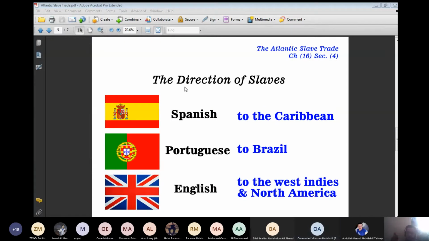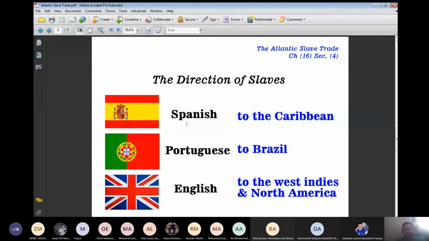So we can say that the Caribbean islands, because logically, Christopher Columbus first of all landed over there in the Caribbean islands, Hispaniola and Cuba. So Caribbean islands and not Panama. Peru, exactly, and Mexico. That's it. So the Spanish colonies over there were in Peru, Mexico, and the Caribbean islands.